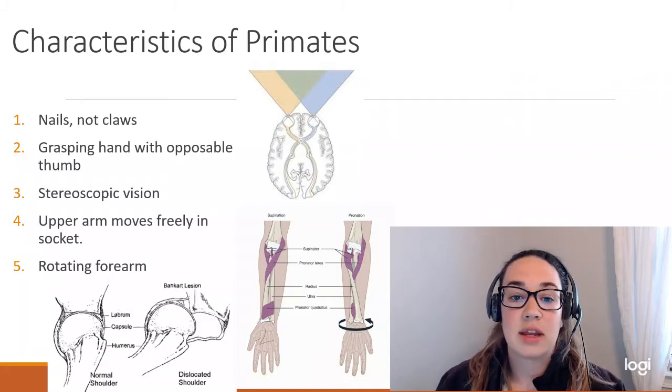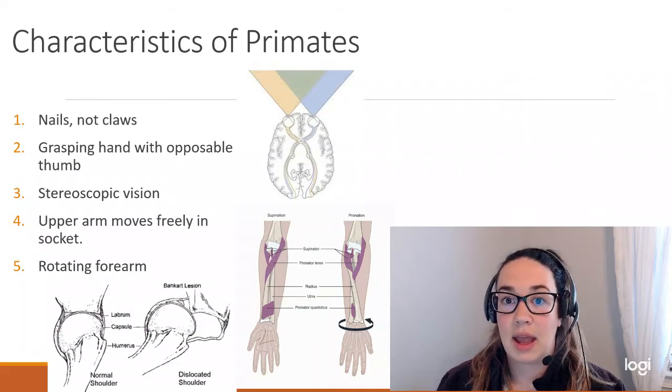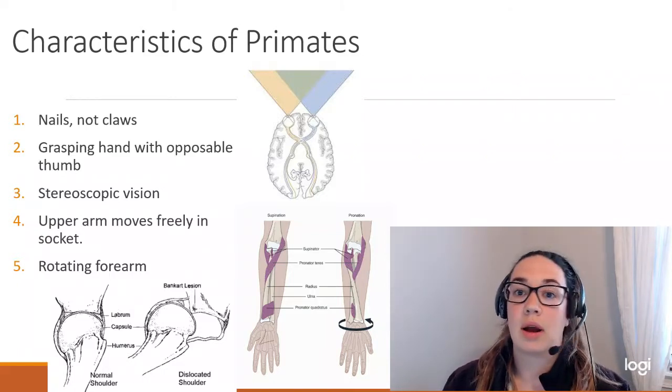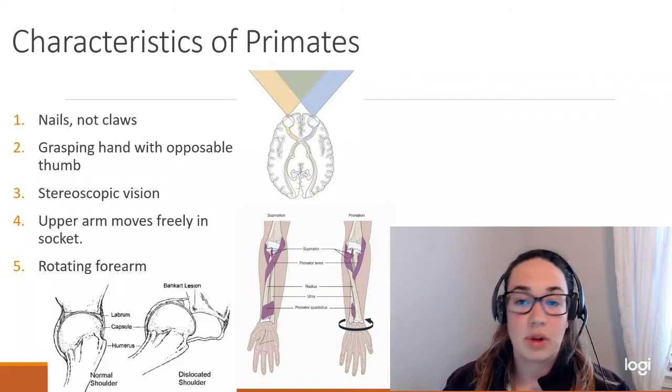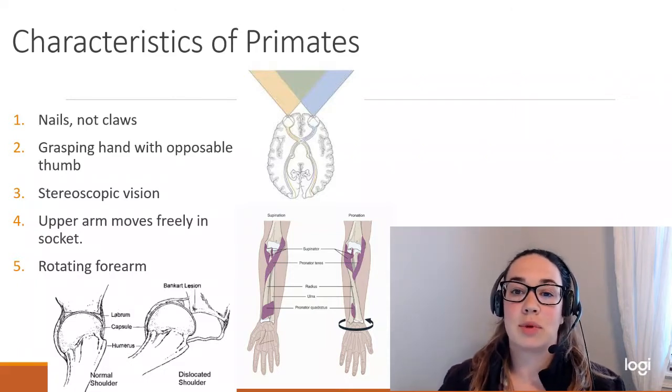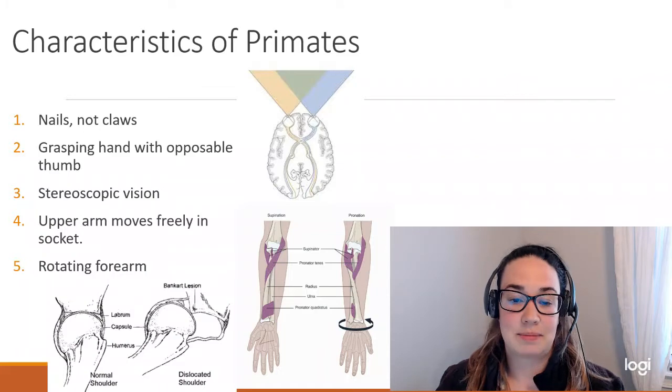So for our second characteristic here that makes a primate extra notable is a grasping hand with an opposable thumb. So we all know about how special opposable thumbs are. They help us grab things with our hands. Primates are notorious for examining their world through their hands, just like humans. And so that opposable thumb really sets them aside.